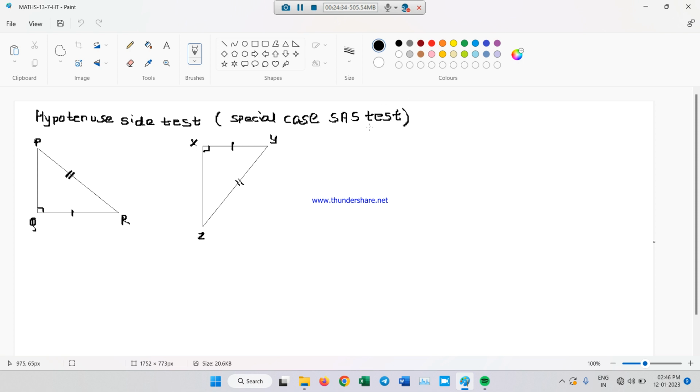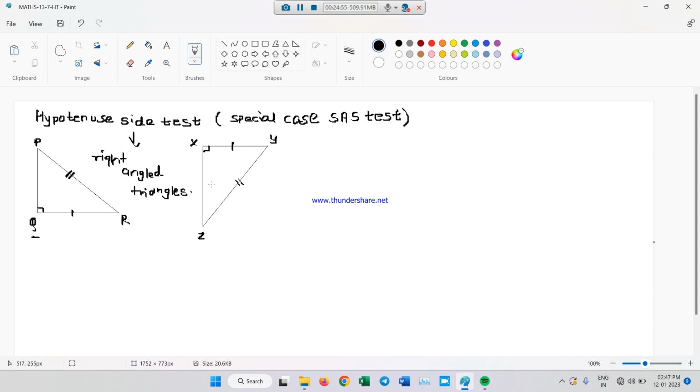And you see here, angle Q is congruent to angle X, and both are 90 degrees. So this is the very first requirement for the hypotenuse side test.